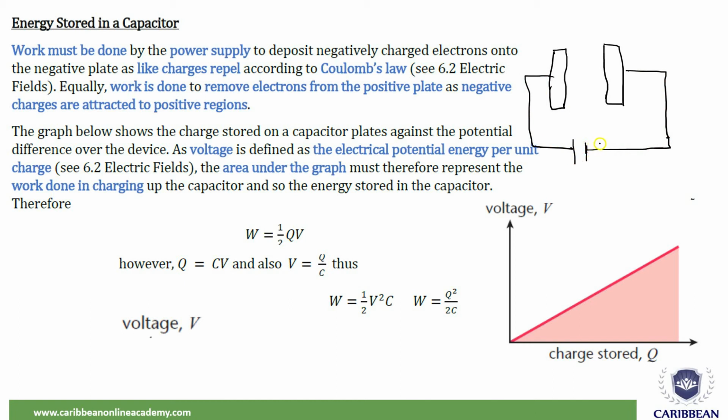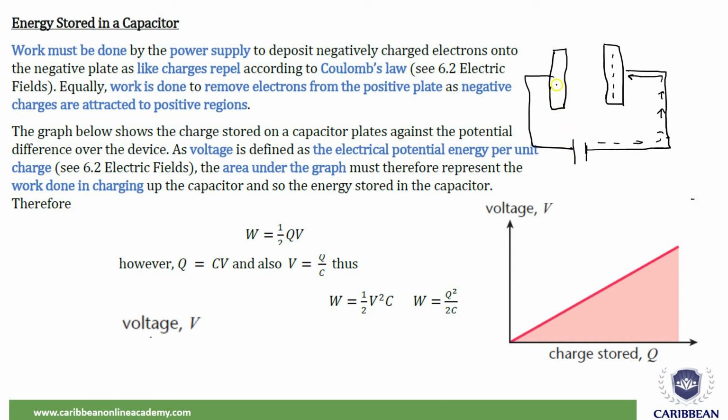Now guys, let's look at this. If I'm sending the electrons in the circuit in this direction, if current is flowing like this, what you would observe is that electrons are going to accumulate on this plate. Good? Now, remember that positive attracts negative.